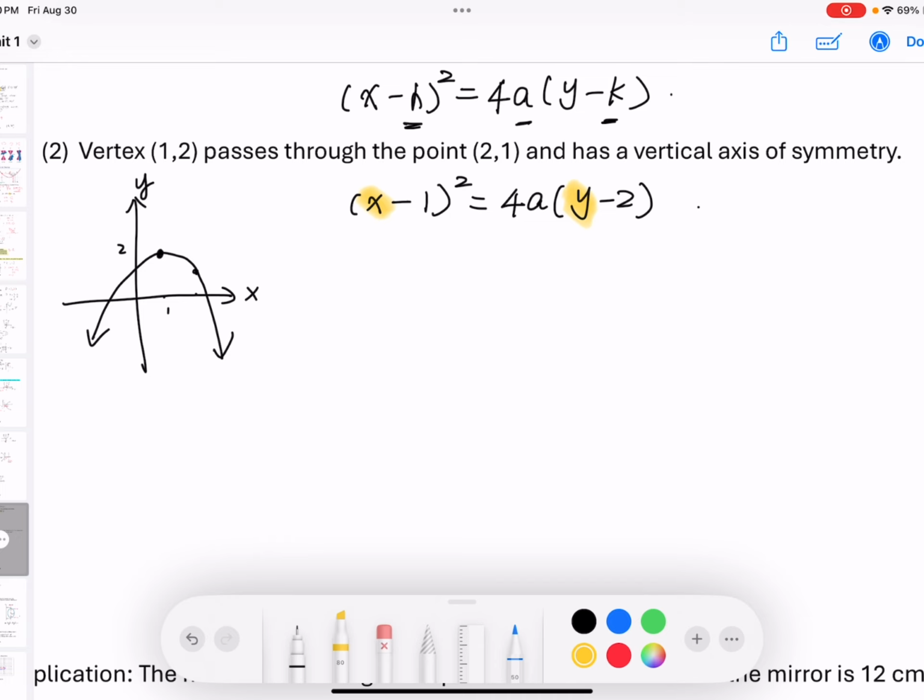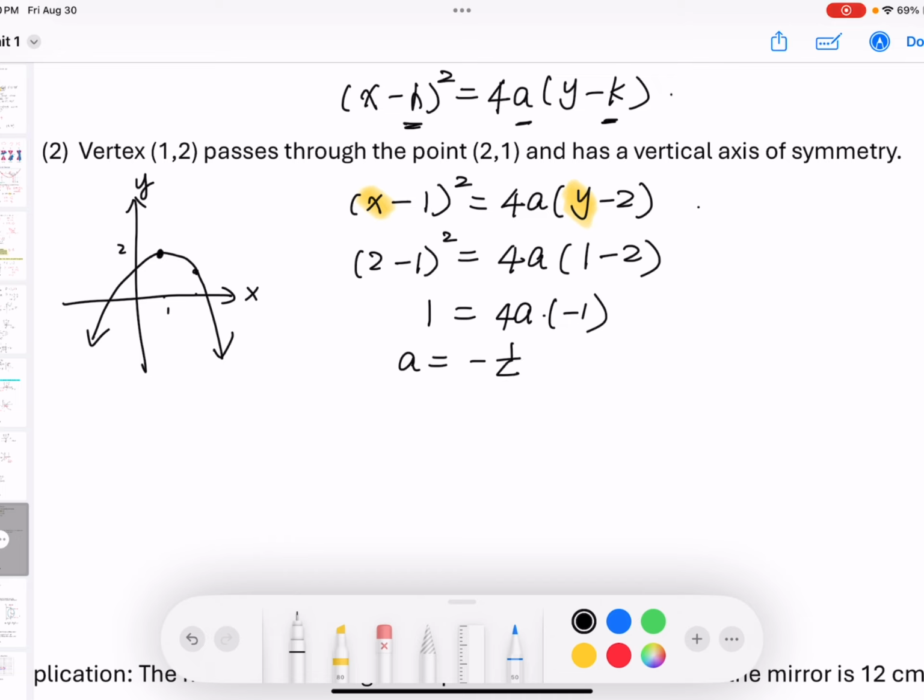This point must be on my parabola and satisfy this equation. So we have (2 minus 1) squared is equal to 4a times (1 minus 2). So 1 is equal to 4a times negative 1, and then we solve for a. A is equal to negative 1/4.